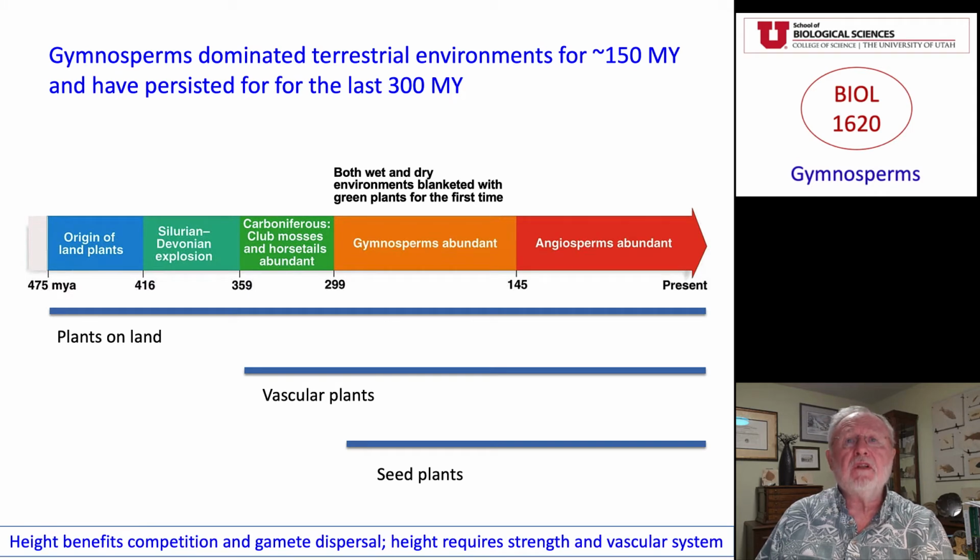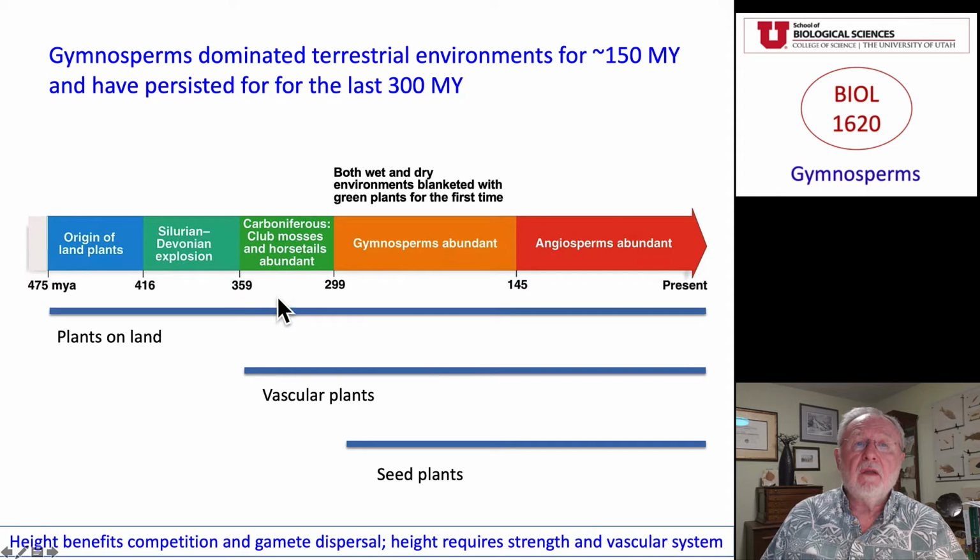So if we begin to look at this in the time scale of since plants invaded land, plants invaded land about 470 million years ago. And very early on in the Carboniferous, this great coal-forming period, vascular plants emerged.